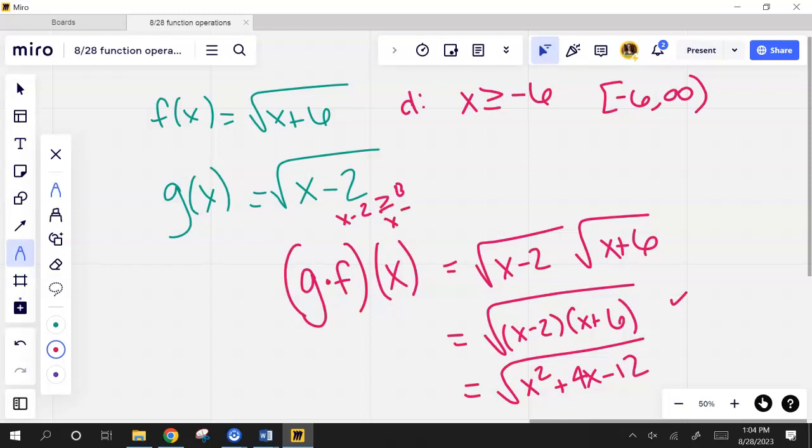So if I add 2, x is greater than or equal to 2. Bracket includes, parenthesis excludes.